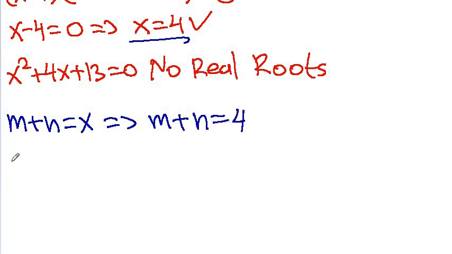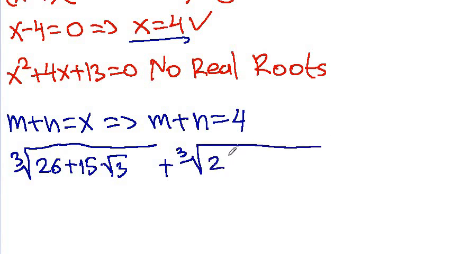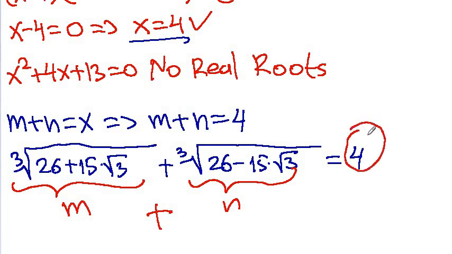So therefore the cubic root of 26 plus 15 times square root of 3 plus the cubic root of 26 minus 15 times square root of 3 is equal to 4, since this is m and this is n. So this is our final answer.